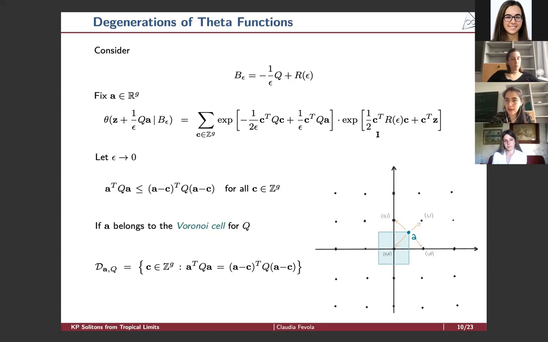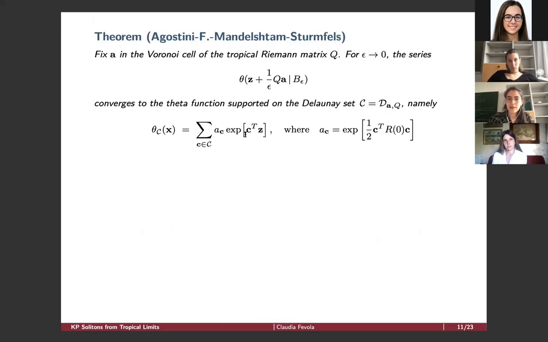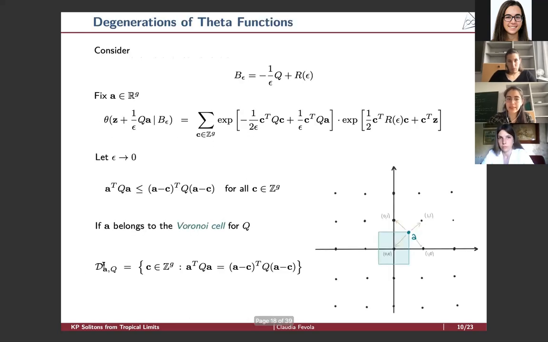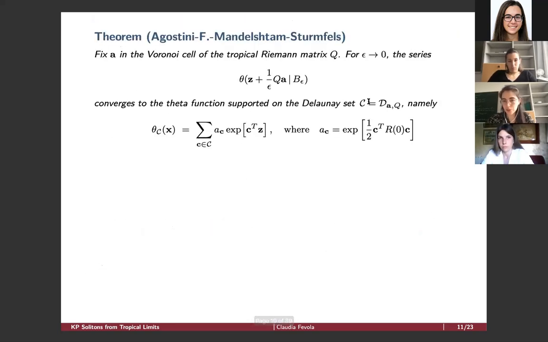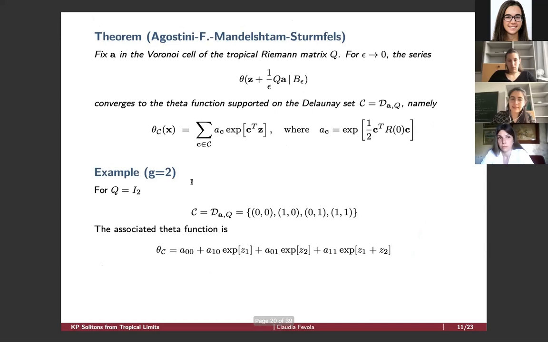So this function for epsilon that goes to 0 basically becomes just this finite sum of exponentials, where now the sum runs over all the points in this set that here we're just calling C. And this is an example.